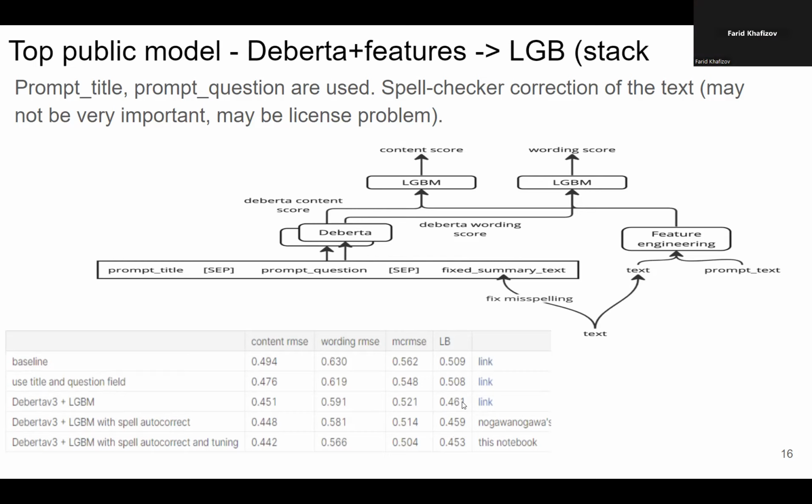Sorry, Sasha, quick question. So the summary text, I understand. What are prompt title and prompt question? Can you give examples? Yes, sorry, I have not explained it before. Prompt question is the following.